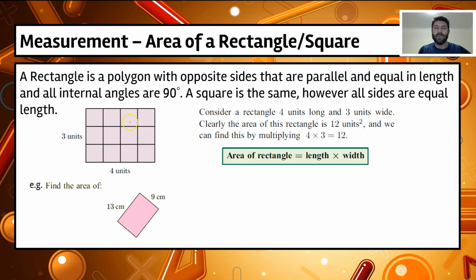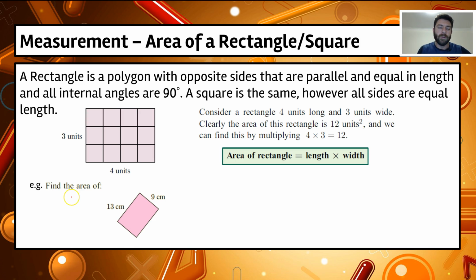If we break it up into the smaller units, 3 rows and 4 columns, we count all these squares and end up with square units. The formula for the area of a rectangle is length times width. We multiply these two together to get our 12 units squared here.